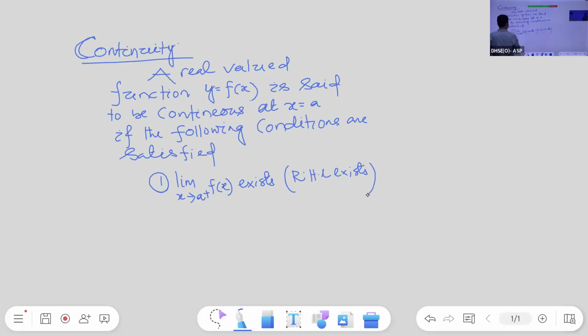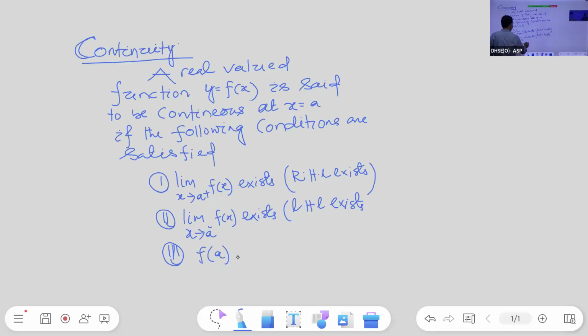Second one, the limit as x tends to a minus of f of x exists. That is LHL exists. Third one, the functional value at x is equal to a exists.